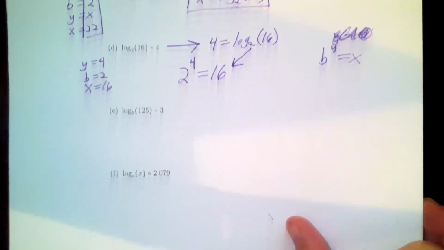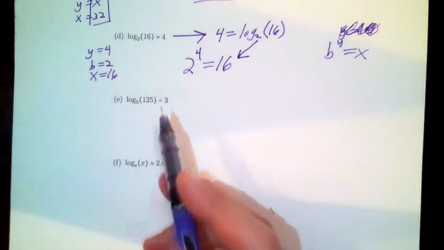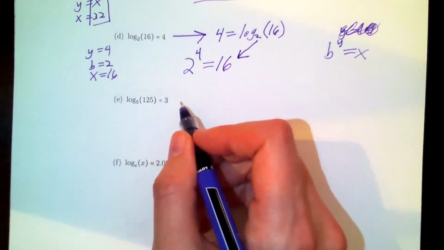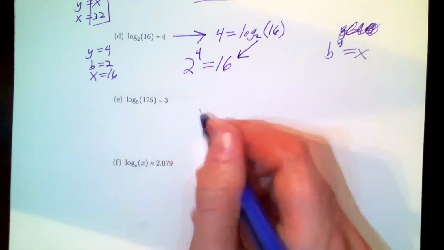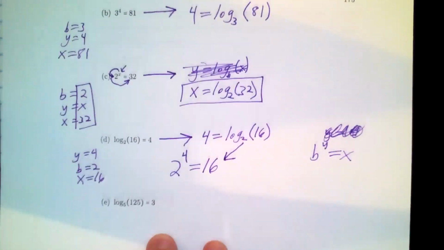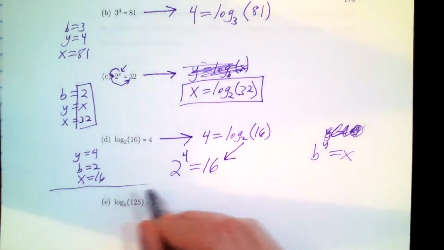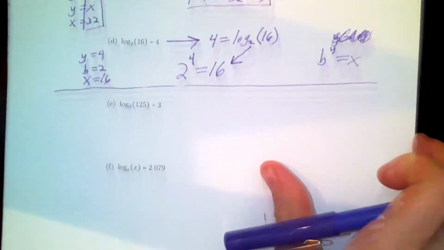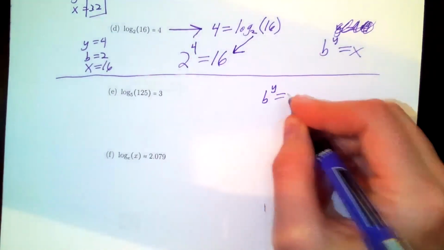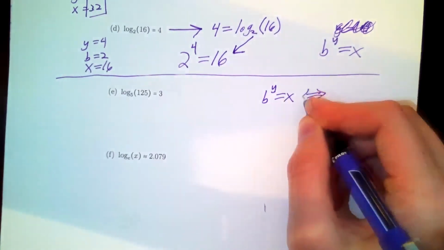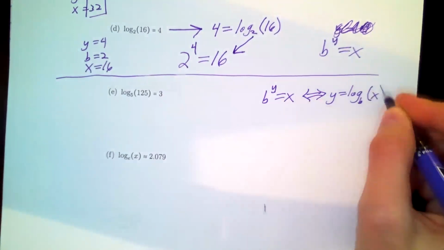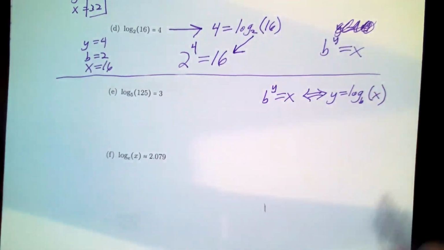All right, let's do that again. I got my log, and they want me to convert it to an exponential. So I want to write it as a power thing. Let me rewrite my conversion down here so I don't have to keep moving my paper around. We had b to the y equals x, converts to y equals log base b of x. And so I'm starting on this side.